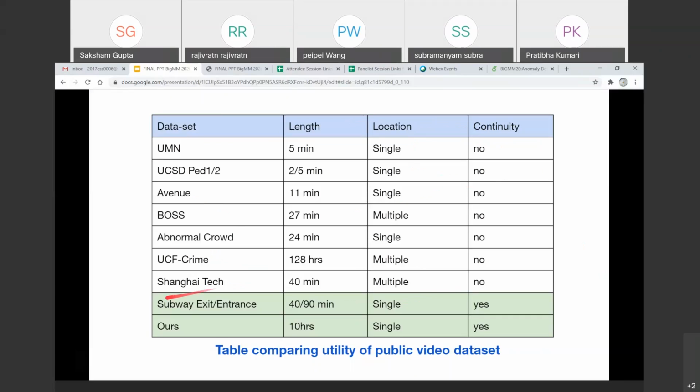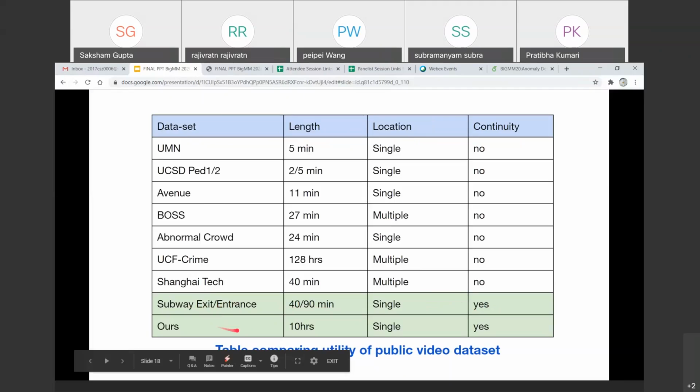The subway entrance and exit dataset is useful for our purpose because it is recorded at a single location and in one go. But again, the labeling for this dataset is done as fixed anomalies only. The sudden emergence of a crowd is not considered abnormal by the authors for this dataset. Anyhow, we have used this dataset.